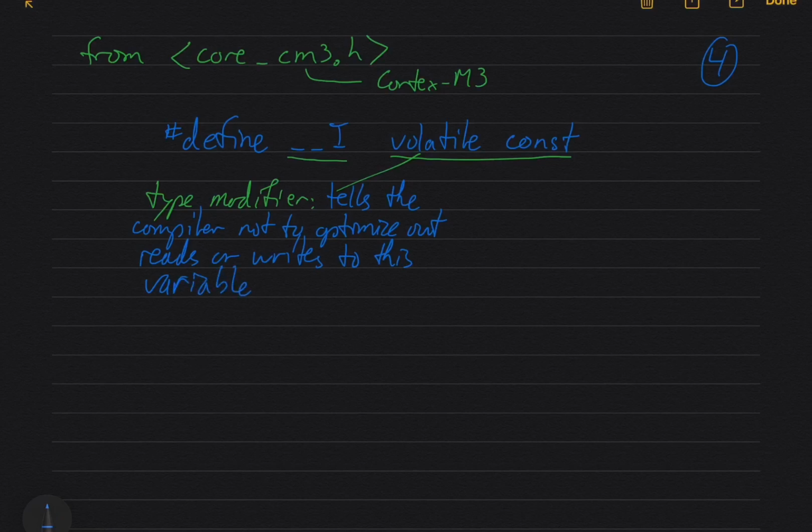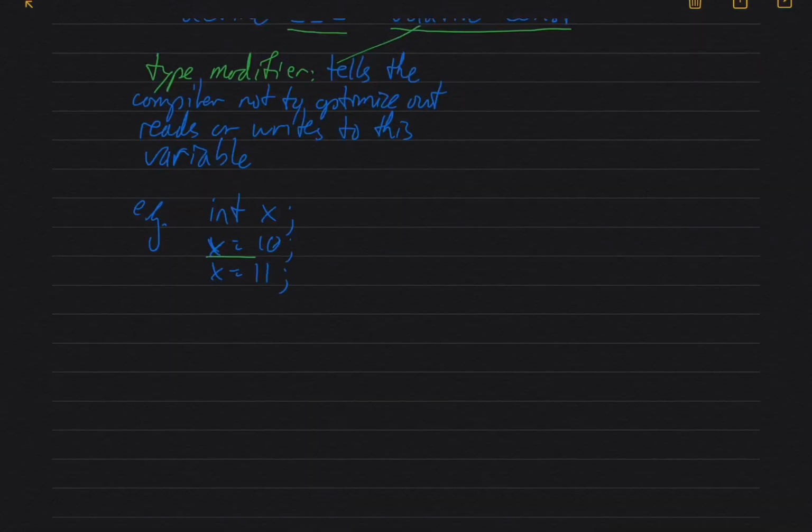And let's just do a little example down here to show you what I'm talking about. So say this was the code that you wrote. Int x, x equals 10, x equals 11. The compiler might look at this line here and it might say that serves no purpose because x gets set to 11 before any code in your program reads it.